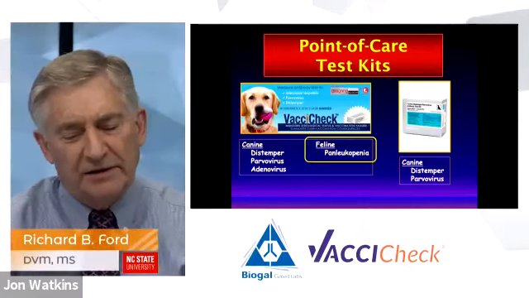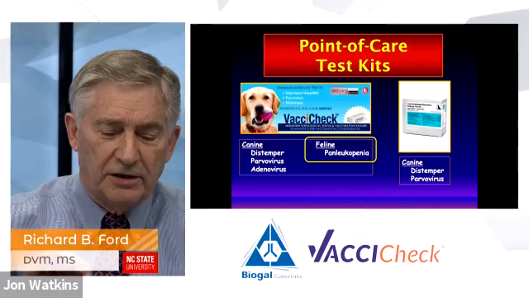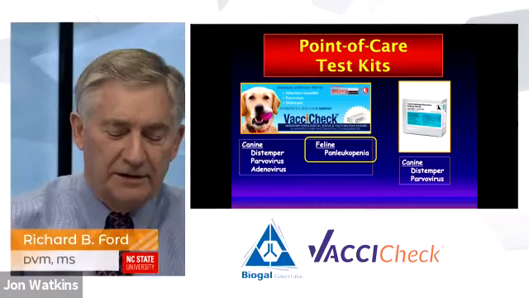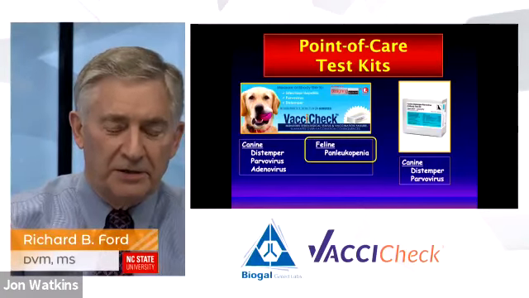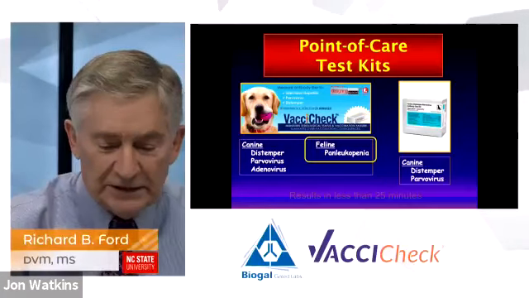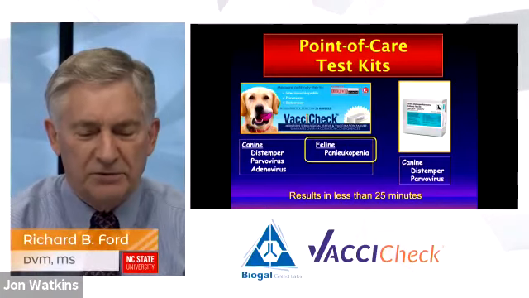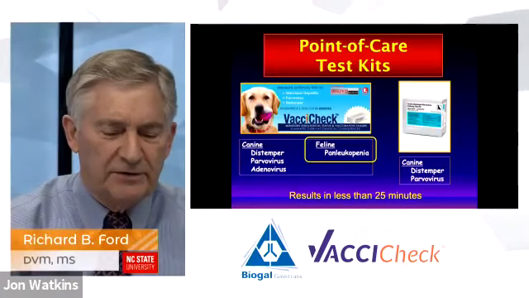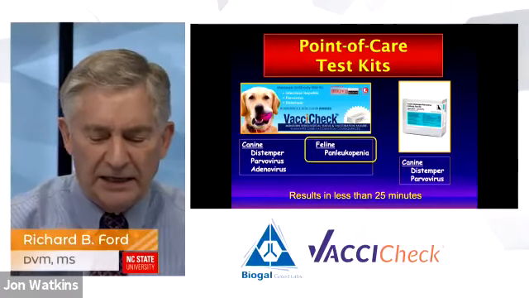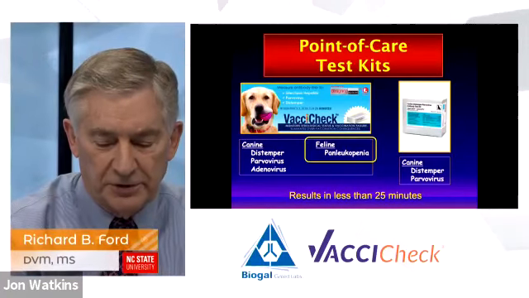The other thing that I like is that the test results imprinted on a card can be included as part of the medical record, and they're preserved for longer than the patient will live. So they are both rapid, just one's more cumbersome than the other to perform, and the VacciCheck, I think, provides a user-friendly format and a test result that can be preserved in the patient's medical record.